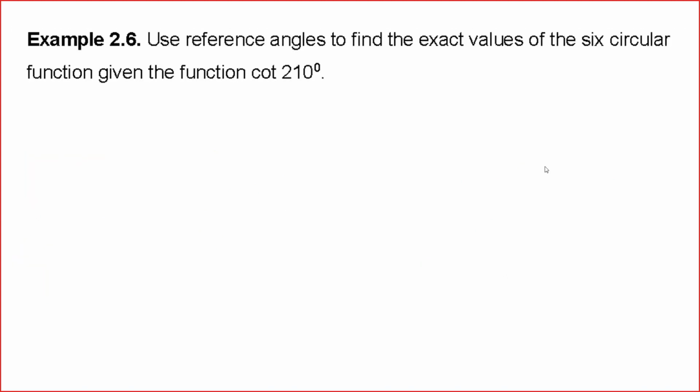Use reference angles to find the exact values of the six circular functions given cotangent at 210 degrees. Since our theta is 210 degrees, we get the reference angle first. This is less than 270, right?